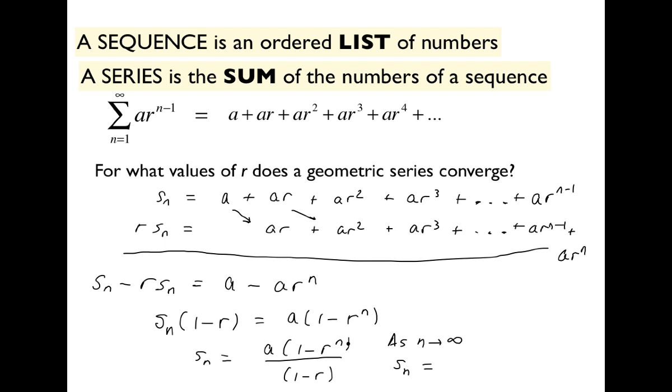As n gets really, really big, r to the n becomes 0. So we're left with a over 1 minus r. We need that to go to 0, and when does it go to 0? -1 to 1, like we said before.